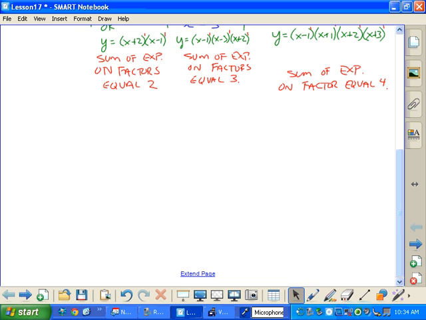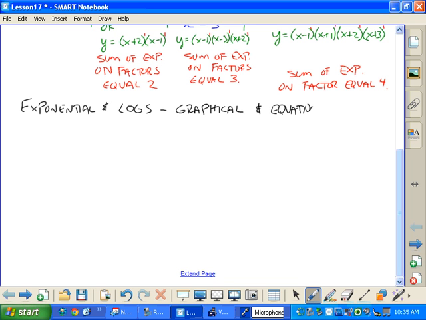Exponential and logarithmic I'll do down here. We'll continue on. Exponential and logarithmic, or logs. Graphical and equation. Again, I think it's a fairly easy exercise. So if we look at our exponential, there are two options.